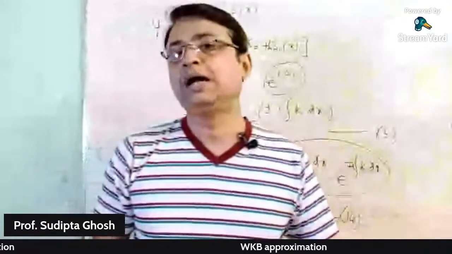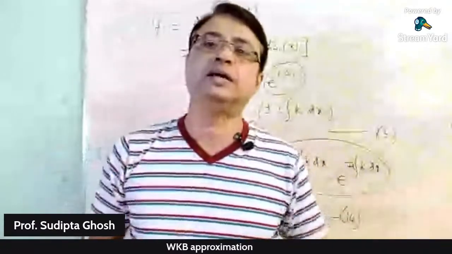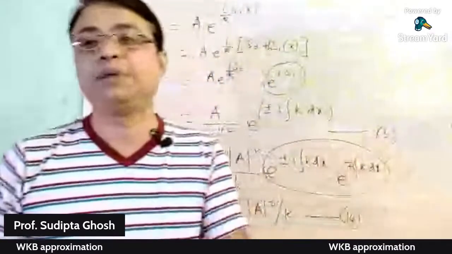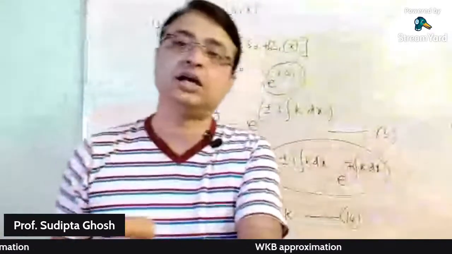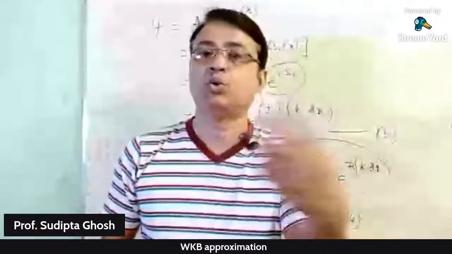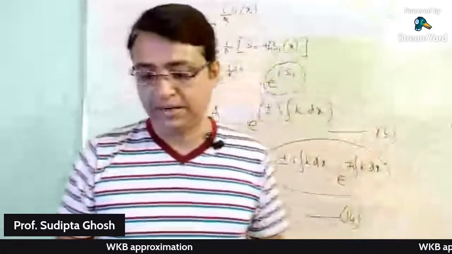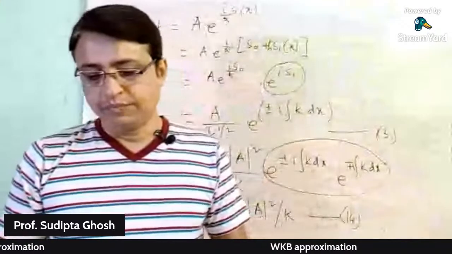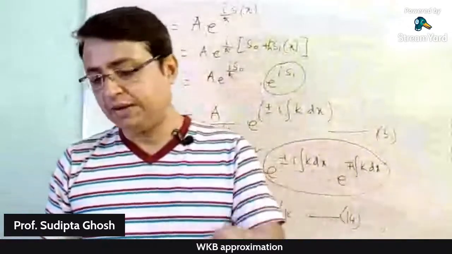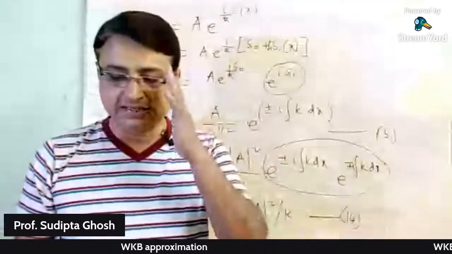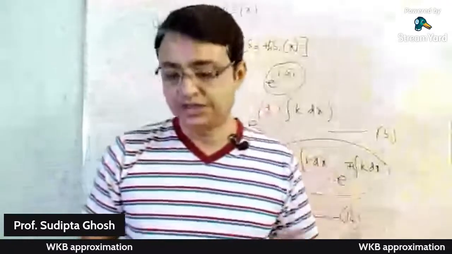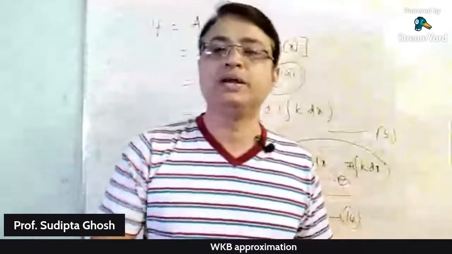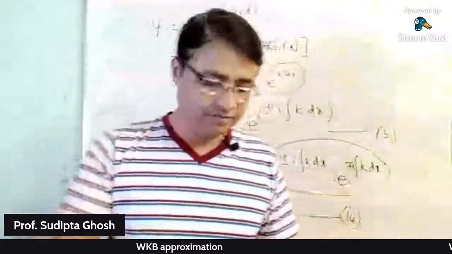As we know, a particle can penetrate the region where E is greater than V(x), because V(x) is the potential which the particle has to overcome. But in quantum mechanics, particles can even penetrate classically disallowed regions, which we have to consider, and this is the case whenever E is less than V(x).